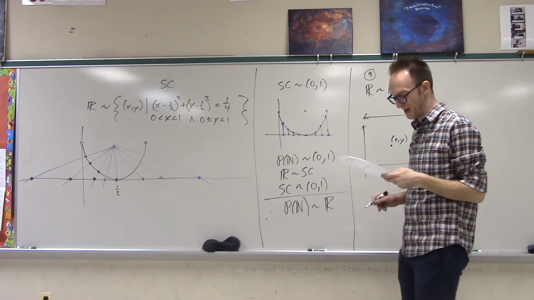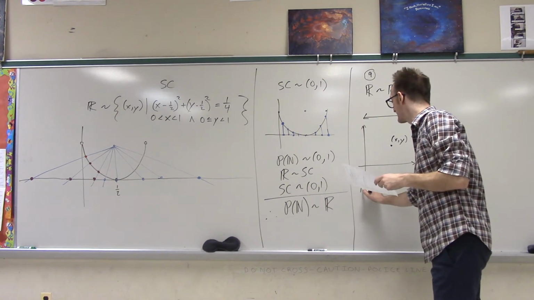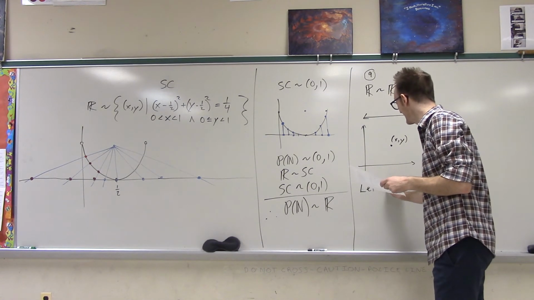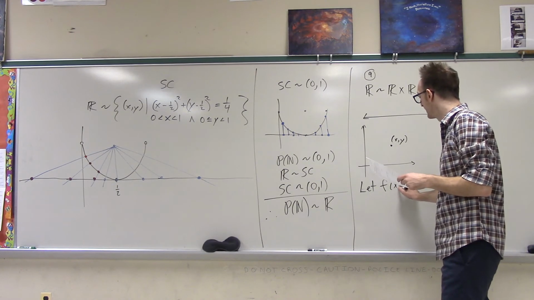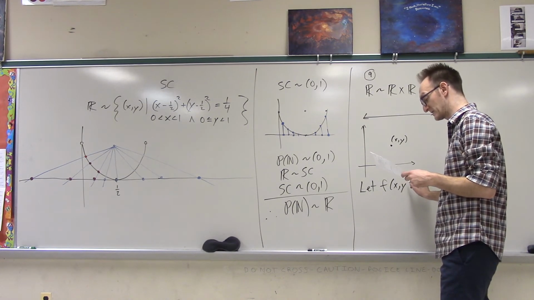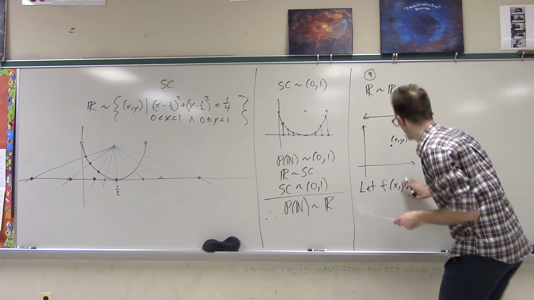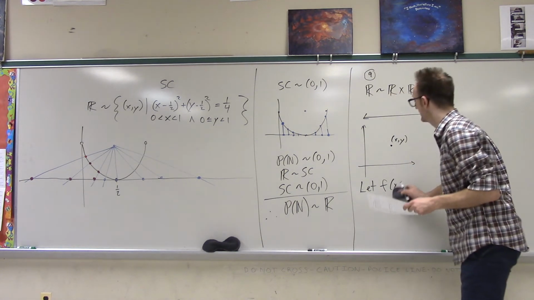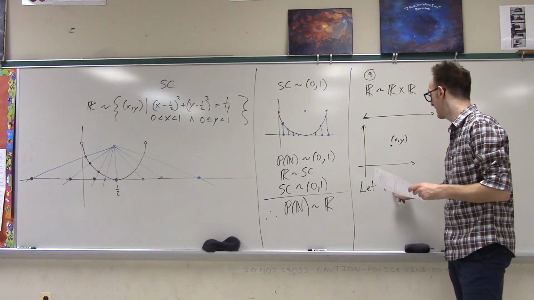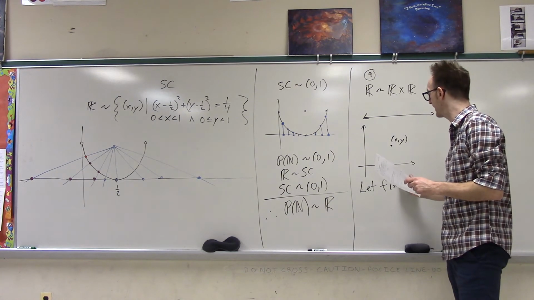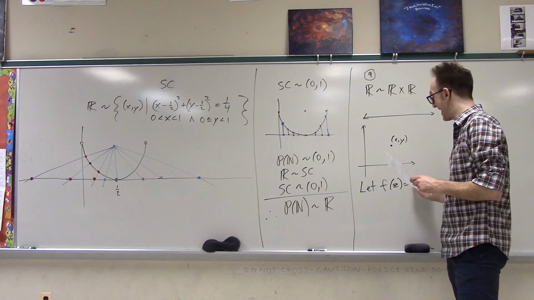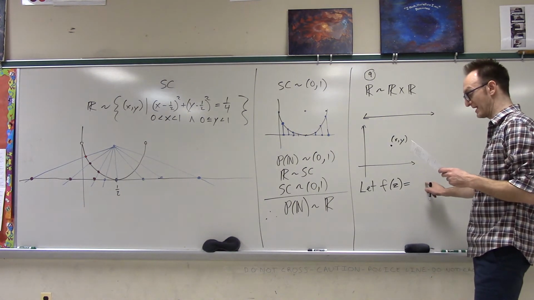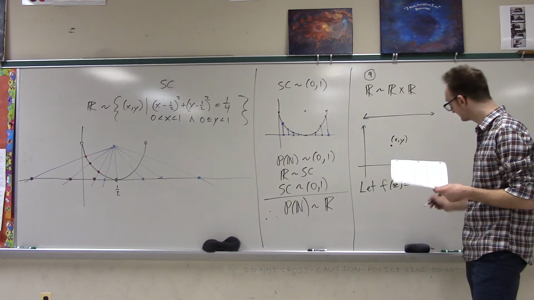Using previous methods, let f map this point x comma y. No, sorry. Let f be some function which takes any real number and gives back a number in the interval 0, 1.